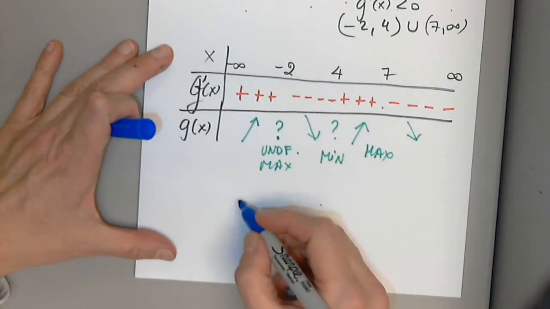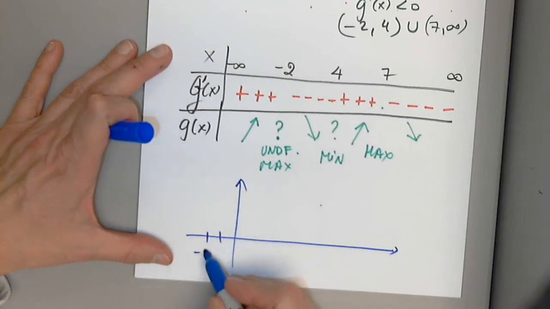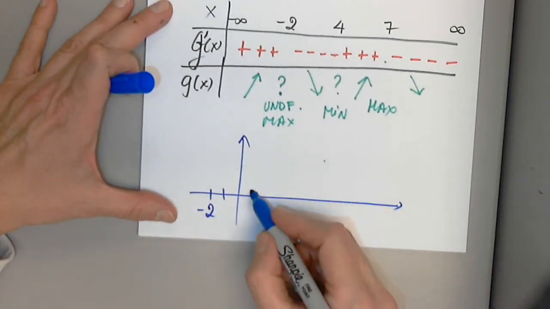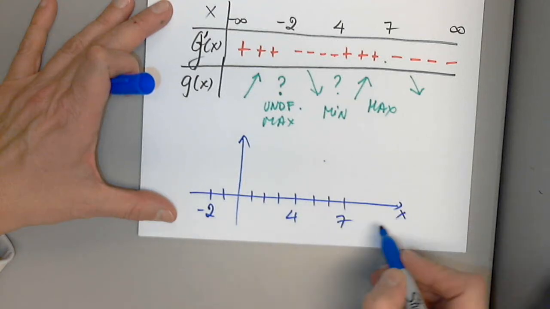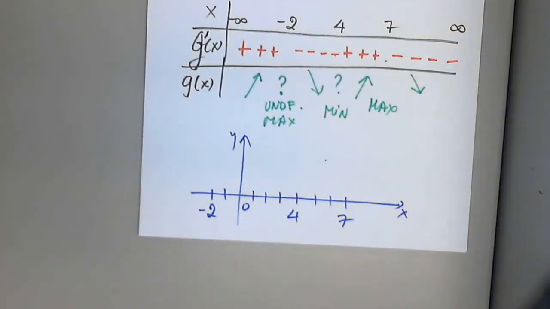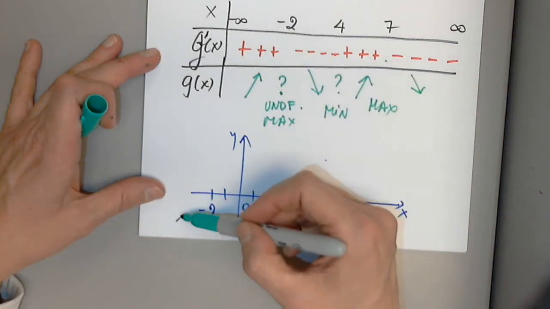And here it is. 1, 2. This is negative 2. 1, 2, 3, 4. This is 4, 5, 6, 7. I had to make sure that I had in the coordinate system the -2, 4, and 7, because they are important points. And then increasing till whatever you want.